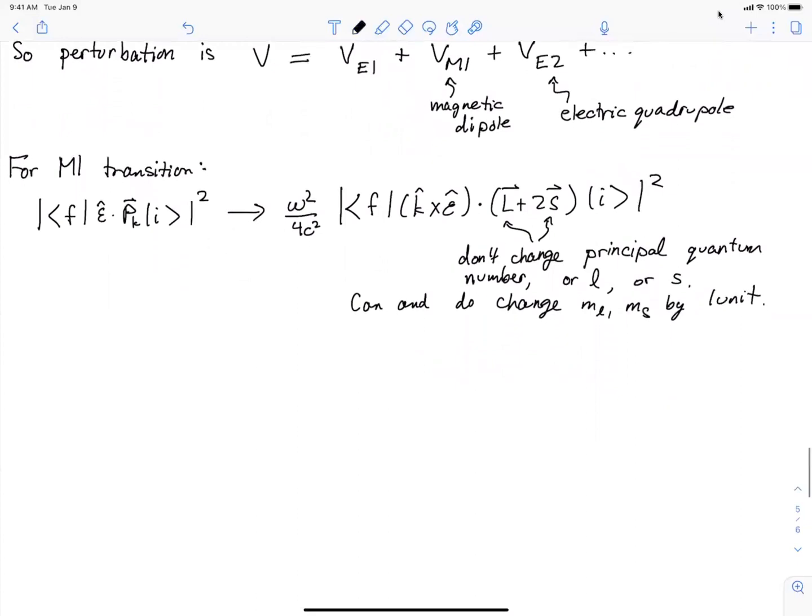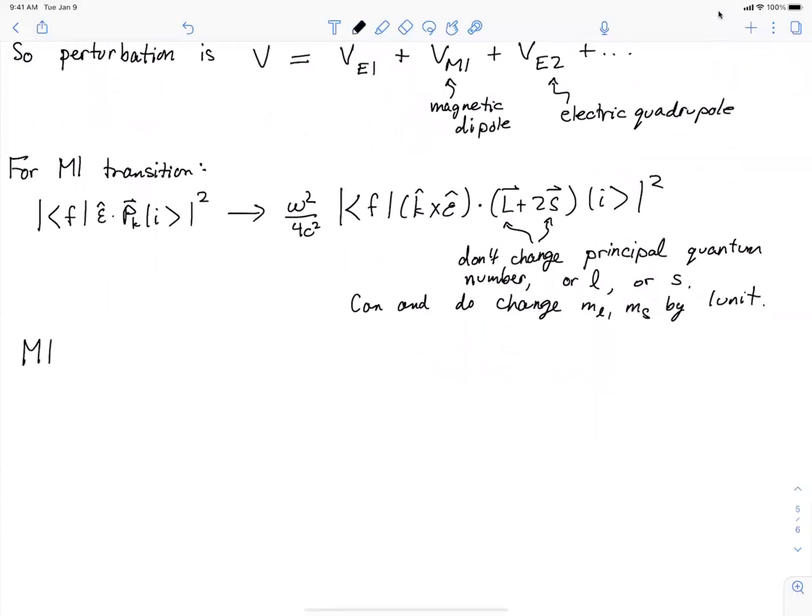So in fact, summarizing what we just said in words, here are the magnetic dipole or M1 selection rules. This is for single electron transitions. So for example, this would apply in the hydrogen atom.